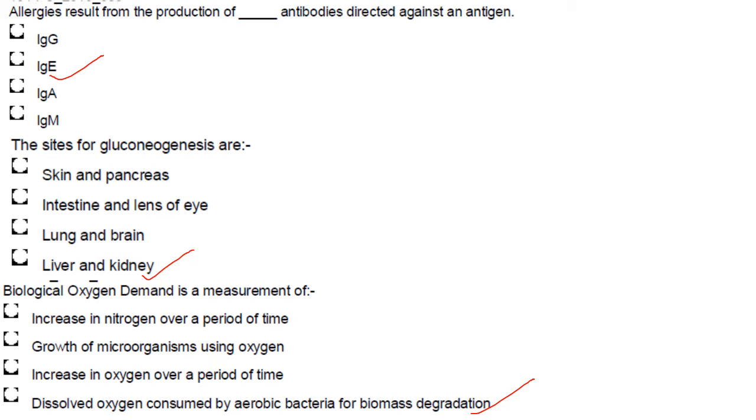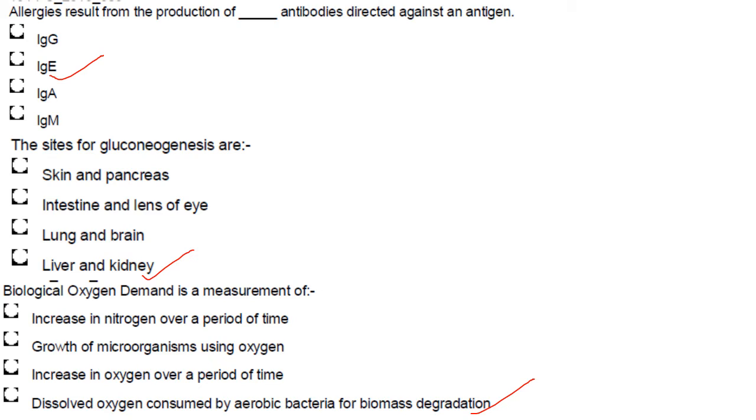The sites of gluconeogenesis are liver and kidney. So the answer is option D. Then biological oxygen demand, or BOD, is a measurement of what? The degree of impurity of water due to the presence of organic matter is measured in terms of biological oxygen demand, or BOD.